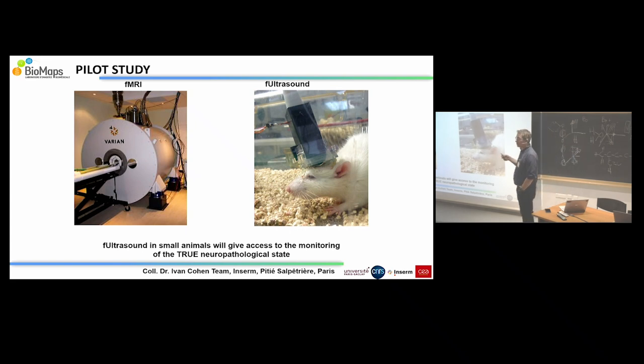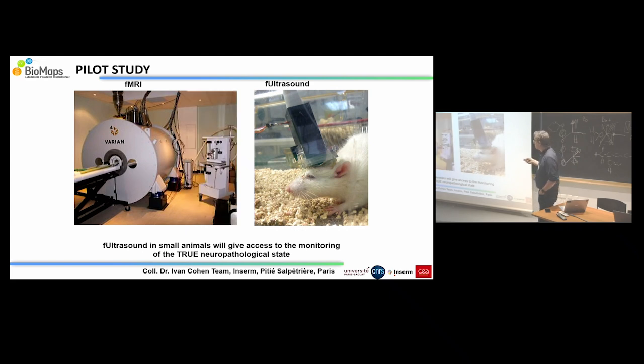And when you do that, you will modify the chemistry of the brain. And if you want to study the brain, it's better to have no chemistry. So compared to fMRI, we don't need, with ultrasound, to anesthetize the rat, to place it in a tube. You can follow its brain activity in real time with this device fixed on the head.